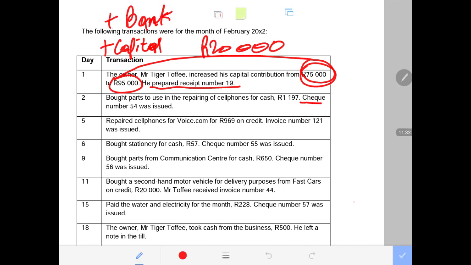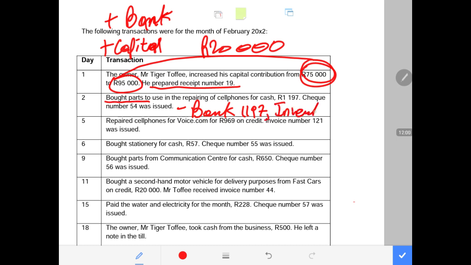The minute a check is issued, meaning cash must have been affected, because a check is cash. So now money will go down, meaning our bank account will decrease, because money of 1,197 went out of the business. Why did the money go out? It is because we bought parts, meaning this will be increasing our inventory.